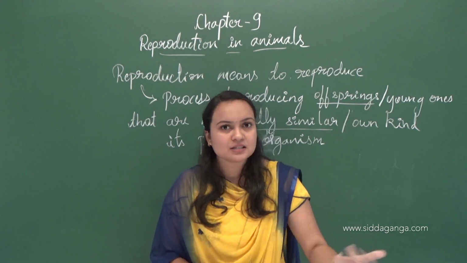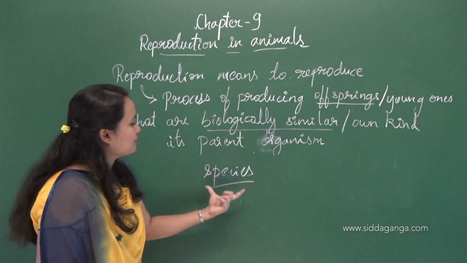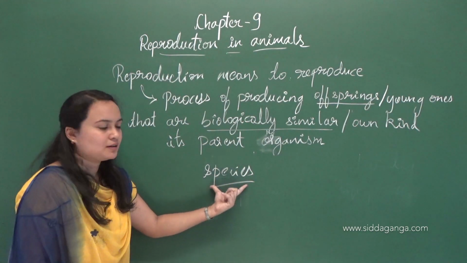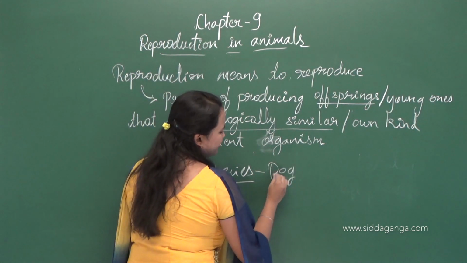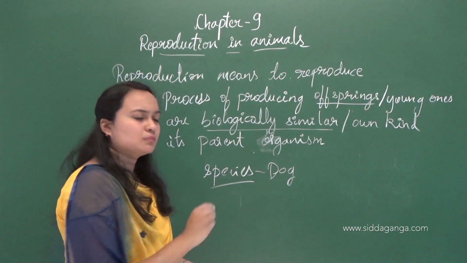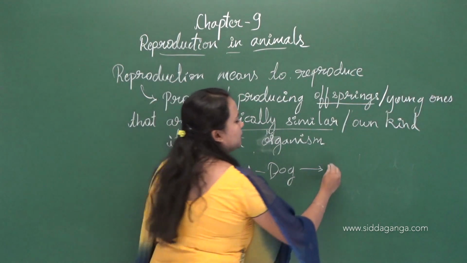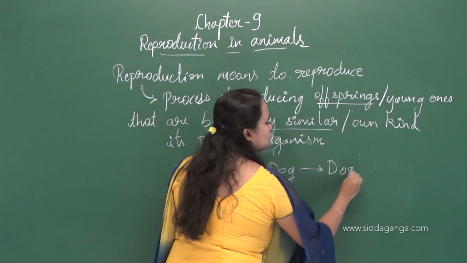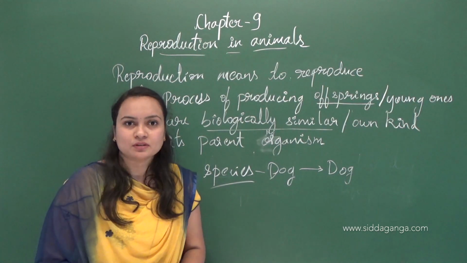And this species, the race must be continued. For example, a dog must give birth to a dog only. It cannot reproduce a cat, right?